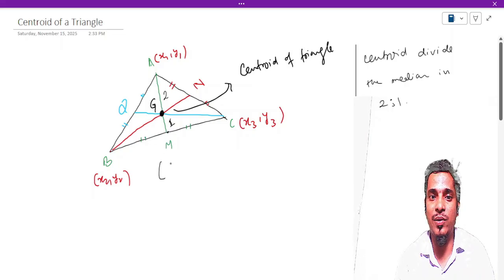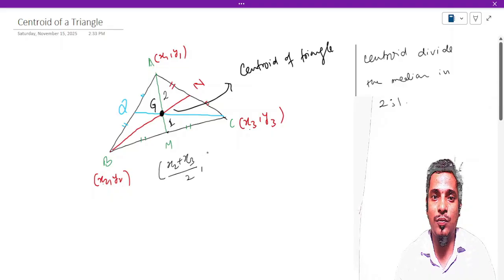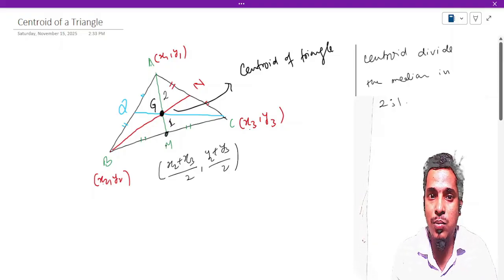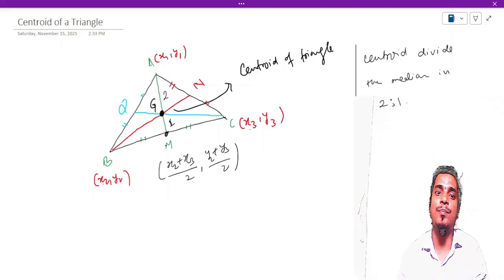With the help of the midpoint formula, we can write the coordinate of M as the sum of the x coordinates of B and C divided by 2, and the sum of the y coordinates of B and C divided by 2. This is the coordinate of the midpoint of the side BC.